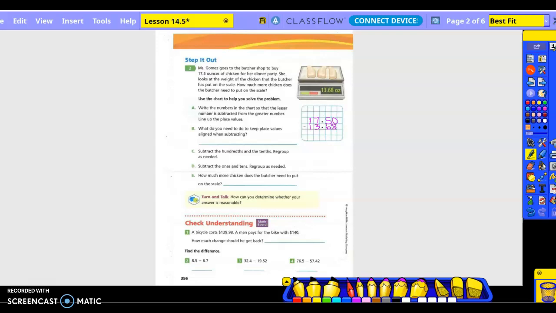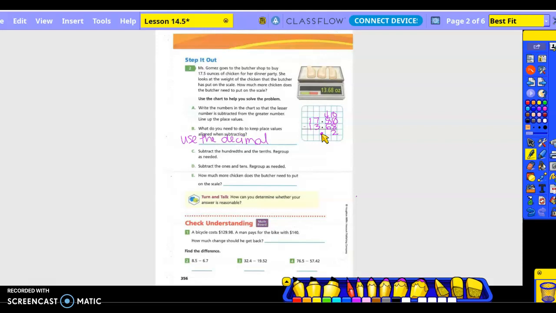Okay? So what do you need to keep your place values aligned with subtracting? Well, we need to use the decimal, right? So use the decimal. Okay, and then yes, our first step is to bring down the decimal. So that 0 becomes a 10, this 5 becomes a 4. 10 minus 8 is 2.